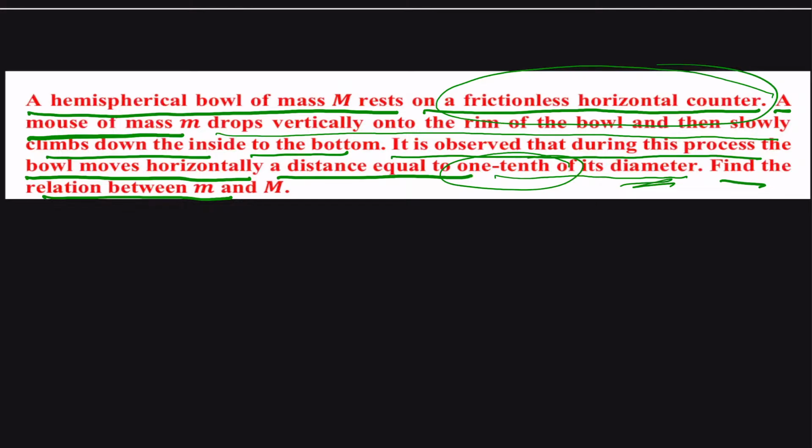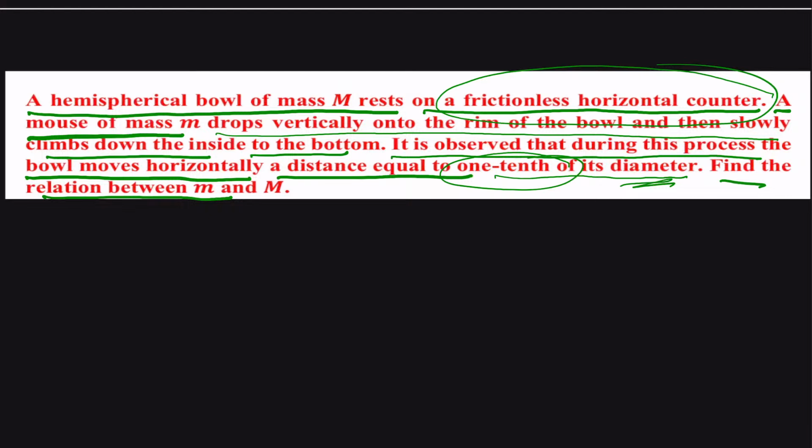And we have to remember all the horizontal forces between the mouse and the ball are internal forces. Okay, there are no external forces acting on it. Which basically means that these internal forces are not going to change the overall horizontal motion.